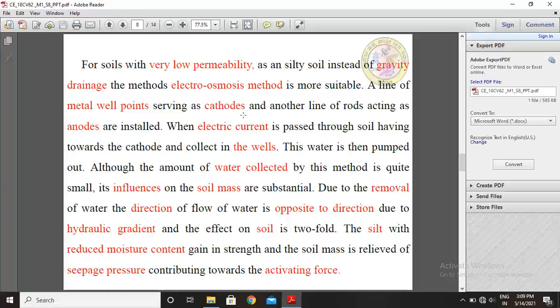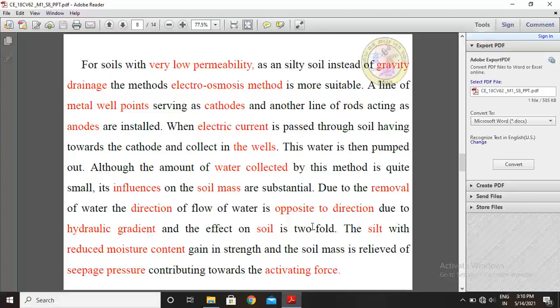Although the amount of water collected by this method is quite small, its influence on the soil mass is substantial. Due to the removal of water, the direction of flow of water is opposite to the direction due to the hydraulic gradient, and the effect on soil is twofold.